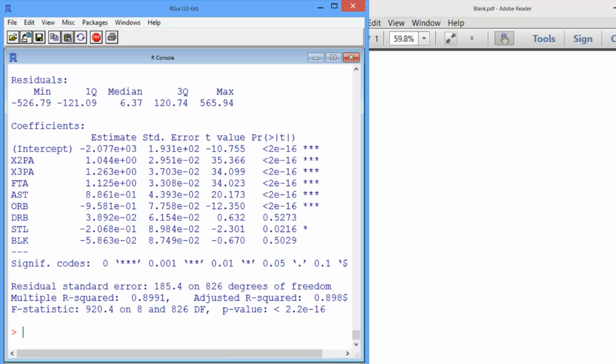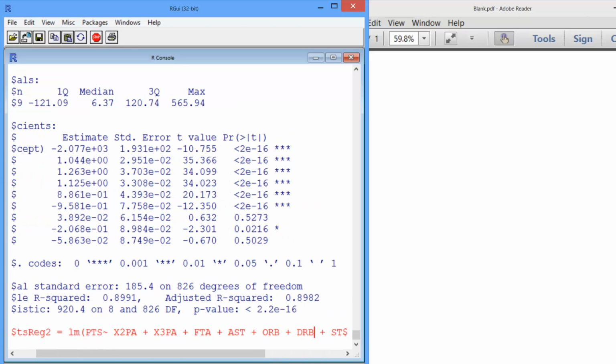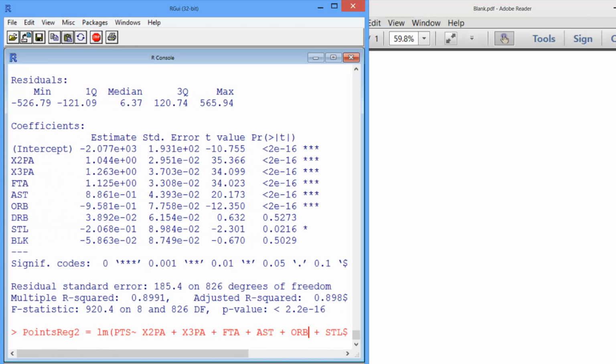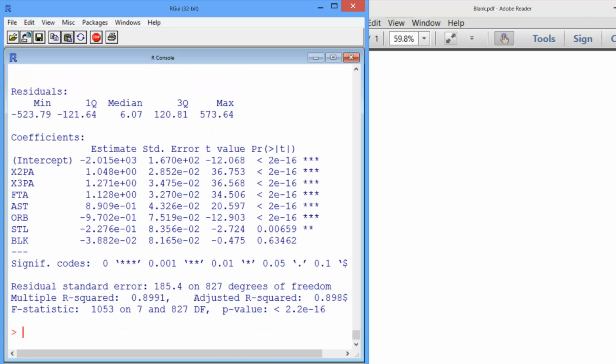And the next one we'd want to remove would be defensive rebounds. So again, let's create our model, taking out defensive rebounds, and calling this points-reg 3. Again, let's look at the summary to see if the r-squared changed. It's the same. So I think we're justified again in removing defensive rebounds.